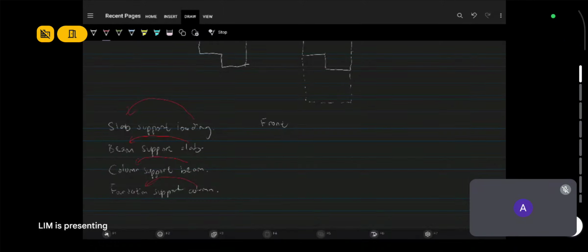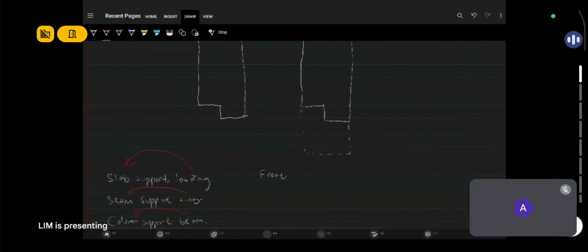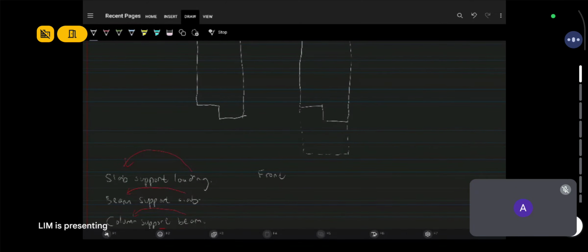So there are interconnecting forces here. Where do you start? Normally we start from the highest floor.